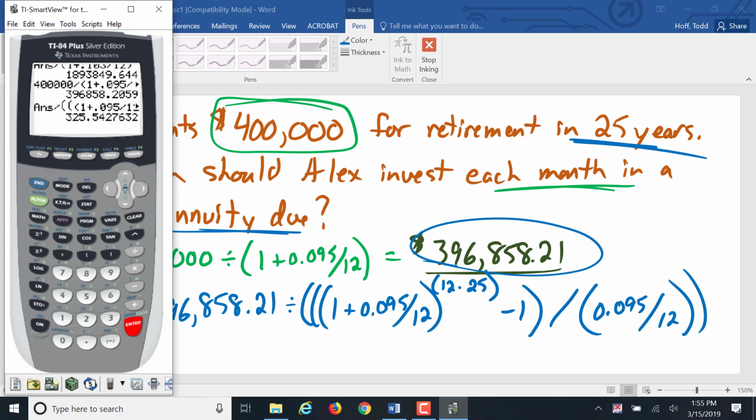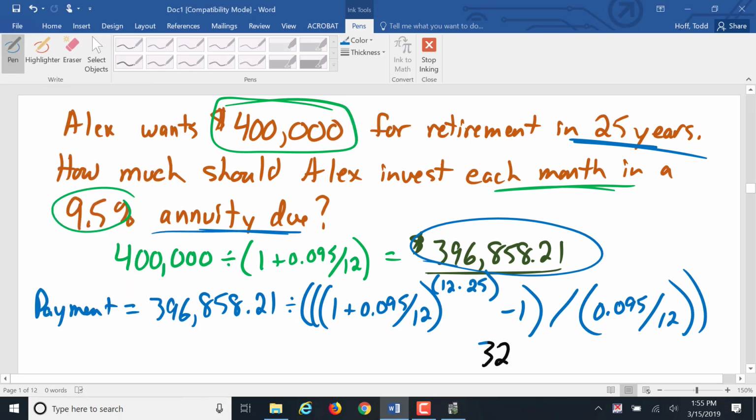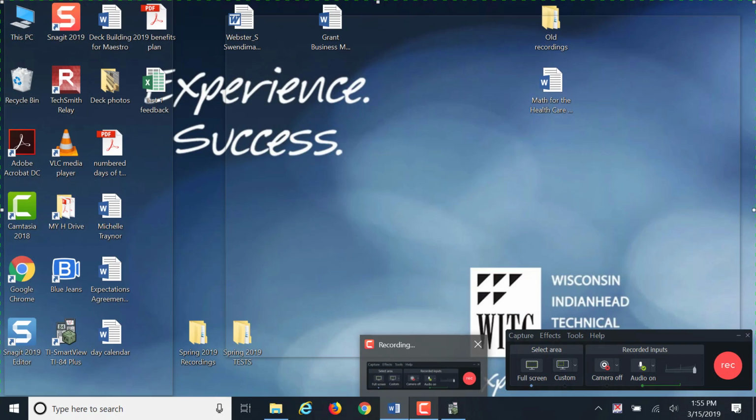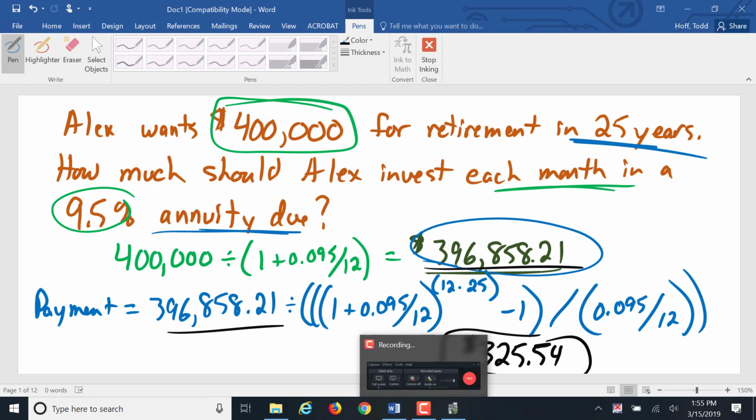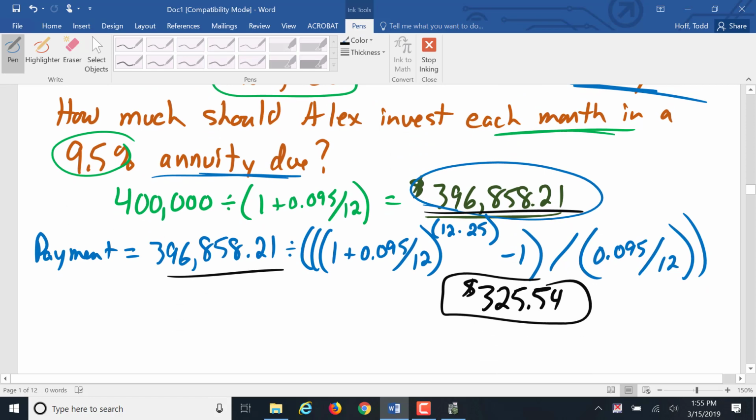And so I need $325.54. Chances are, if you wrote this down and typed it in instead of continuing with it in the calculator like I did, you would either have that amount or be within a penny of it. So that is finding the required payment for the desired future value of an annuity due.